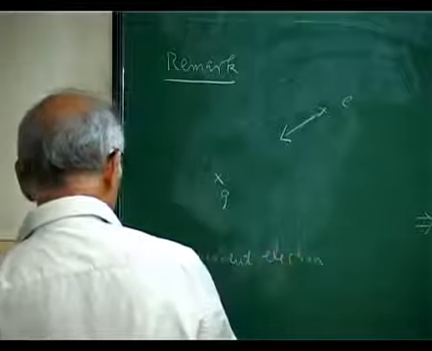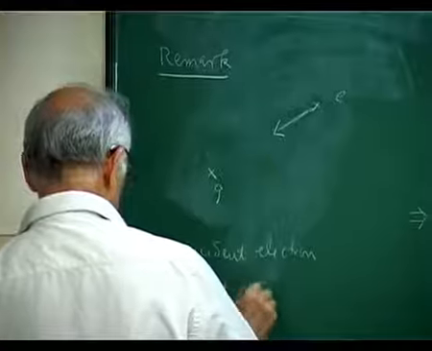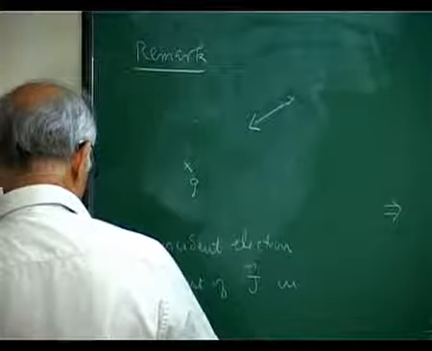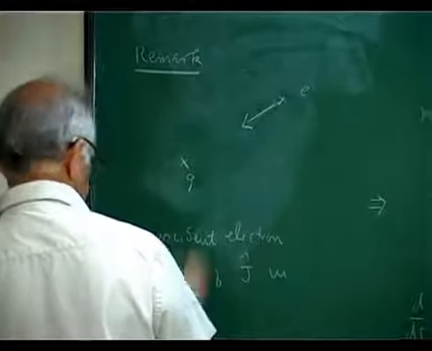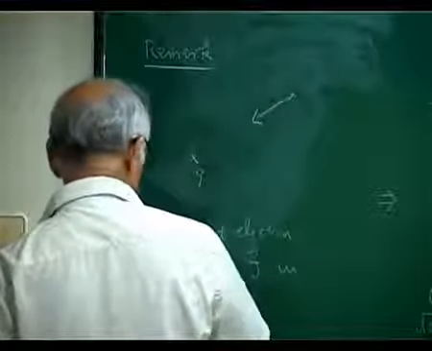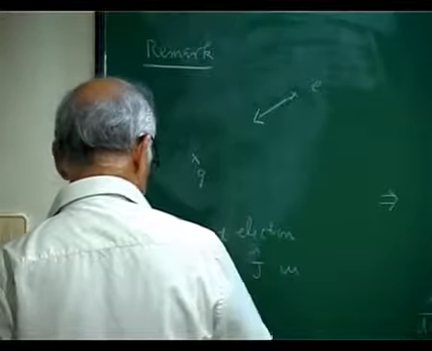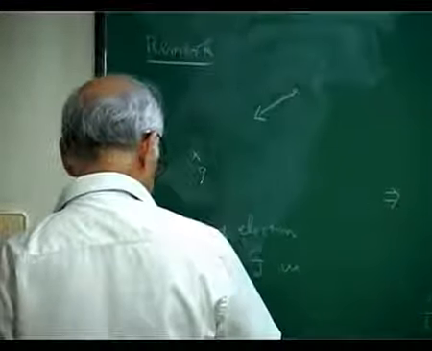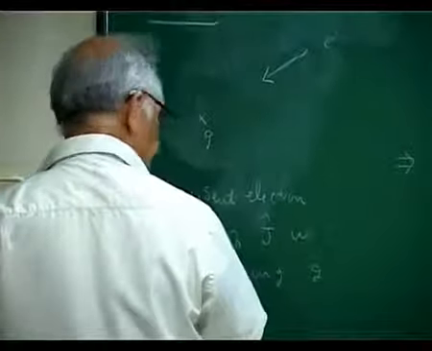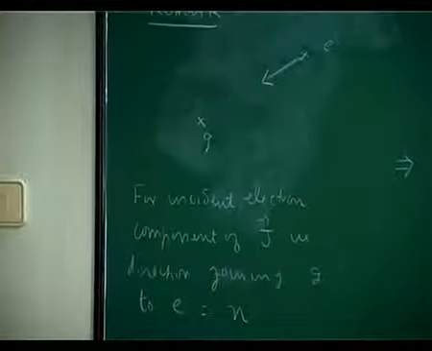the component of angular momentum in the direction of motion, if this is the direction of motion, it depends, in the direction, say minus, the direction joining G to E, is equal to, from this equation, N. Right?